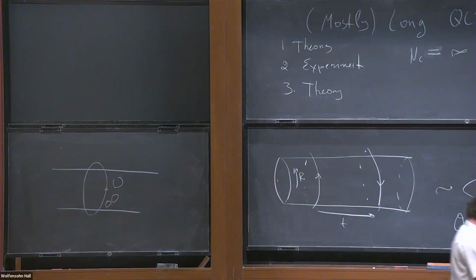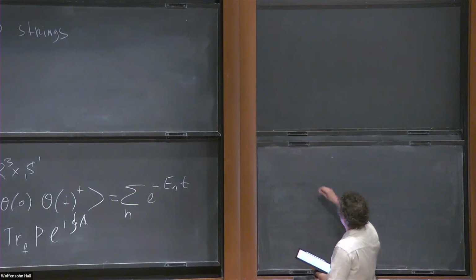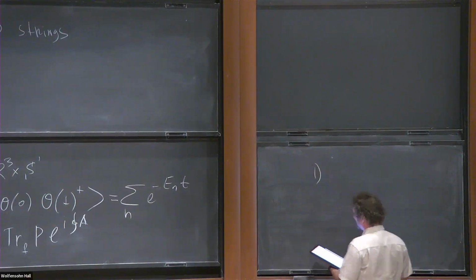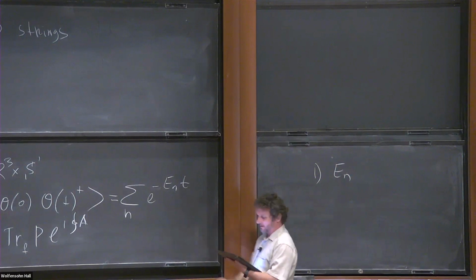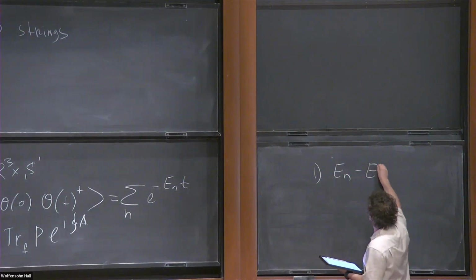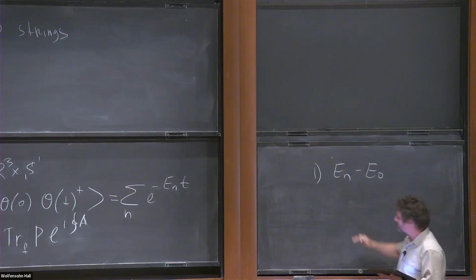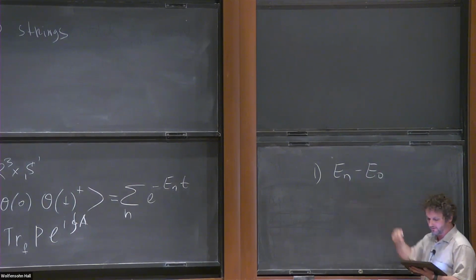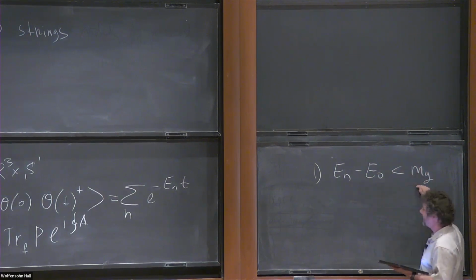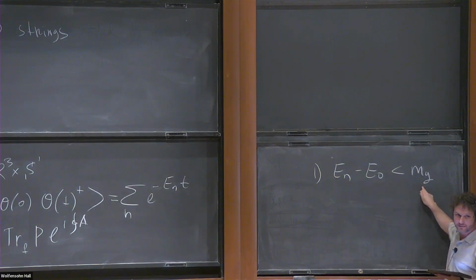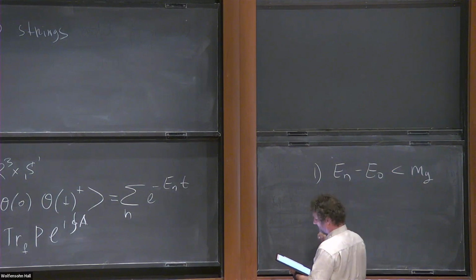So then there are two interesting regimes one may consider here. One regime is when the energy which we're looking at, and the gap between that energy and the ground state energy of a string which wraps around the circle, is smaller than the gap of the bulk theory given by the glueball mass.